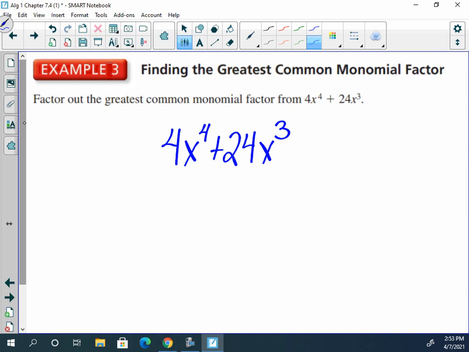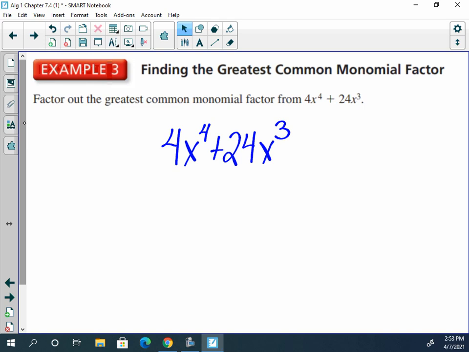So we want to factor out the greatest common monomial from 4x to the fourth plus 24x cubed. We're going to look at the numbers first, and then we'll look at the variables second. So we're looking at 4 and 24. What is the biggest number that will divide into both 4 and 24? 4.